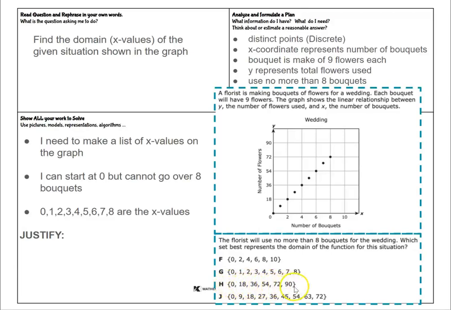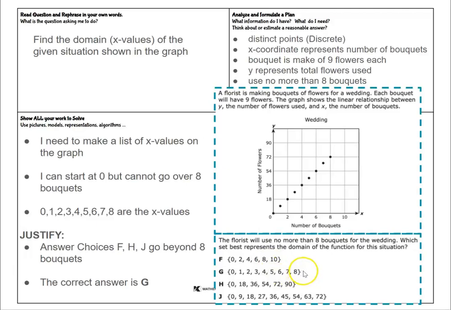These are the numbers that are the scale on the y value. And the last are the y values of the points. So, since answer choices F, H, and J go beyond 8 bouquets, I know that those are incorrect. So the correct answer would be G, which represents the number of bouquets that I am allowed to have in the problem.